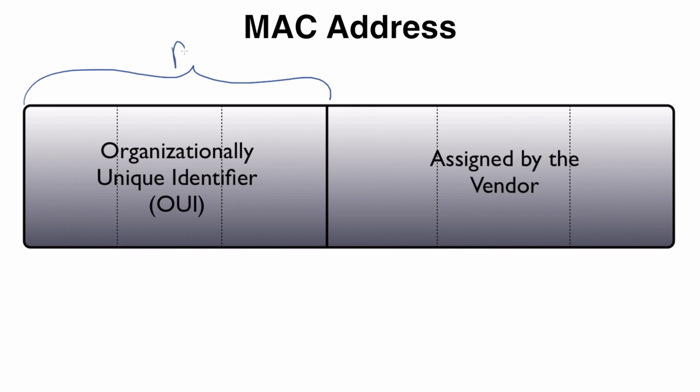The first 3 bytes are referred to as the organizationally unique identifier. This is also sometimes known as the vendor code. So if you were to begin a business that manufactured network interface cards, and you would want to put a MAC address embedded into each of those network interface cards, you would need a vendor code that was assigned just to your company.